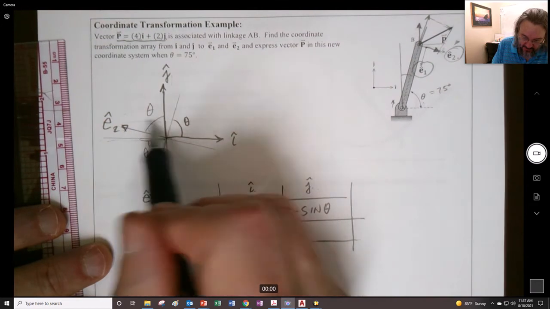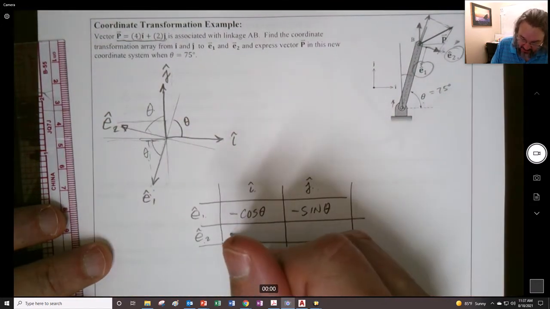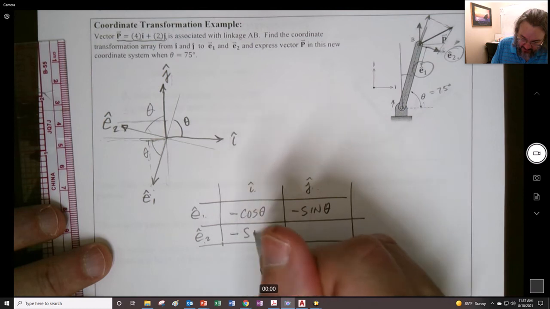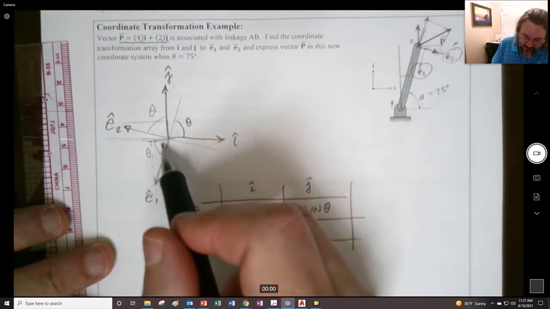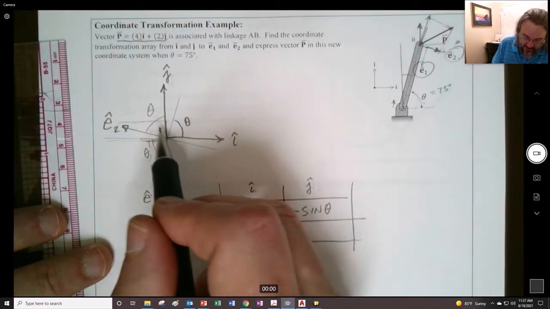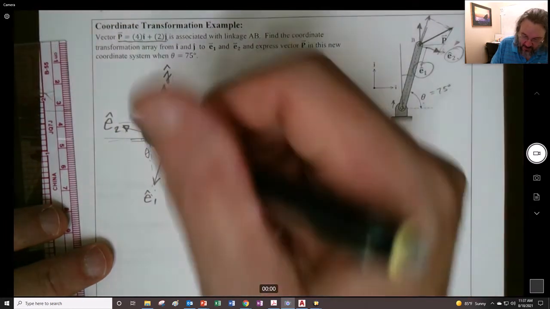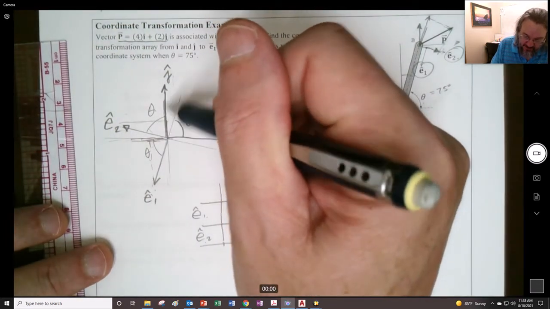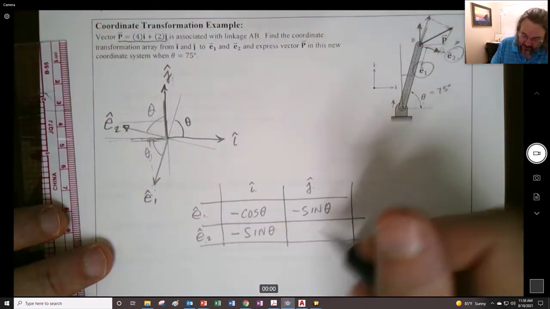So since it's negative, it's negative sine theta. And then we go to E2 in the j direction, and we can see that it's going to be positive j, and it's going to be the cosine, because it's the adjacent side of this right there, and j.